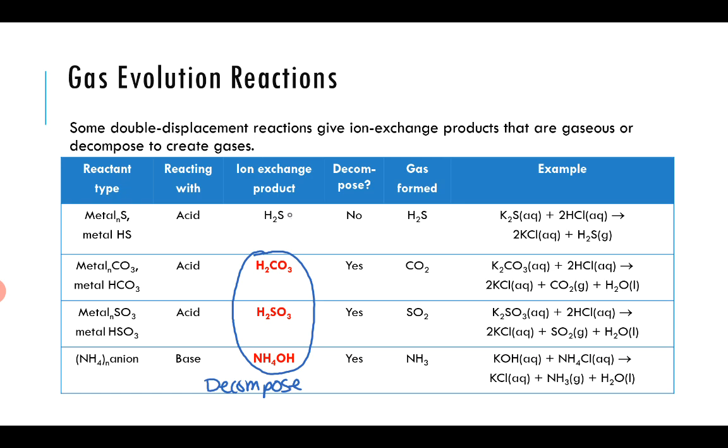This one, the H2S, is just a gas. And so that one doesn't decompose, that one's just a gas. So if you see H2S, you have to know that its state symbol is gas. These other ones, how you can figure out what they decompose into is by doing a little bit of subtraction. All of these make water plus some gas.